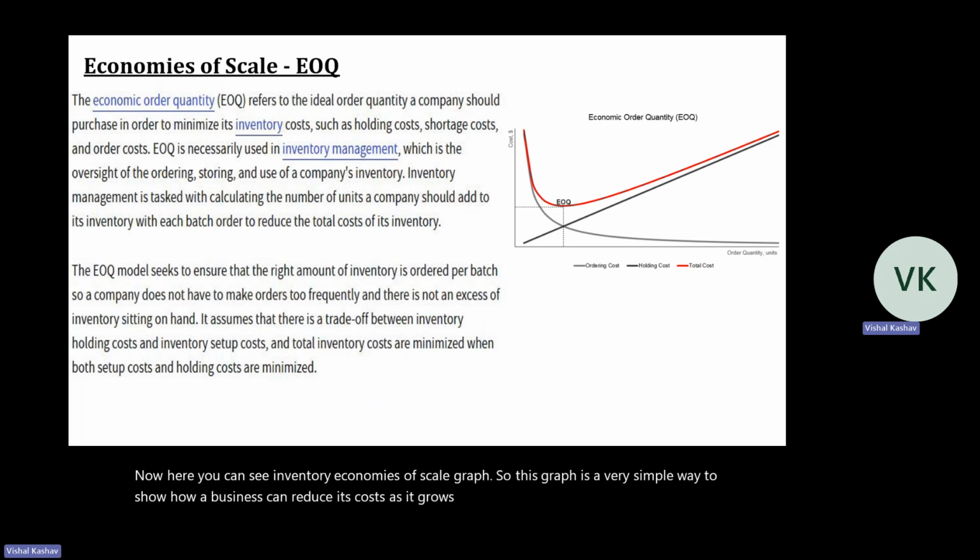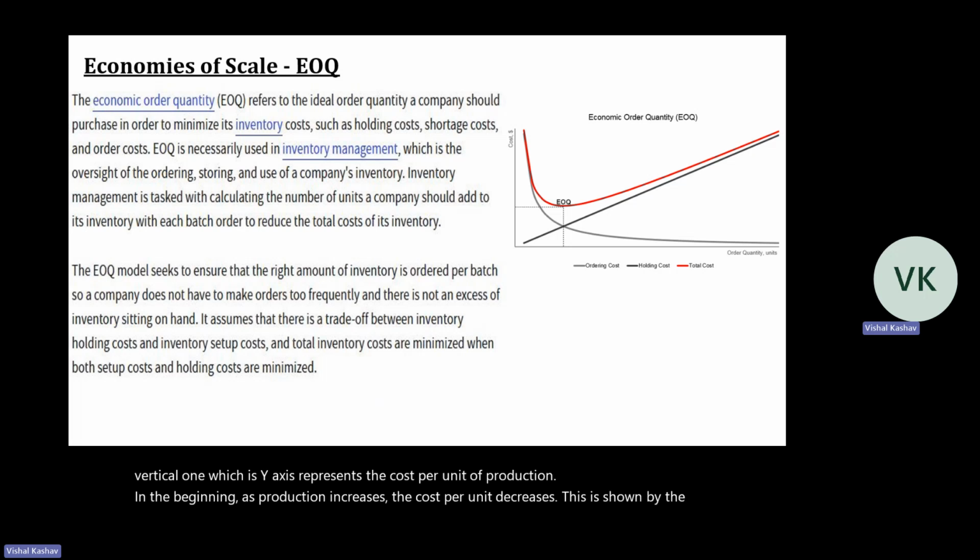On the graph, as you can see, the horizontal axis, which is the x-axis, represents the quantity of goods produced, while the vertical one, which is the y-axis, represents the cost per unit of production. In the beginning, as production increases, the cost per unit decreases. This is shown by the downward sloping part of the curve.